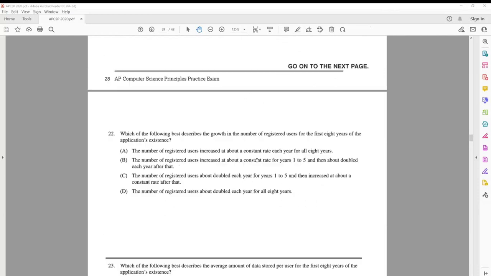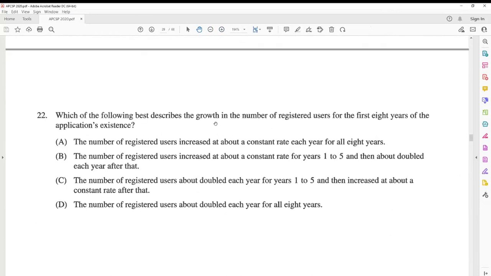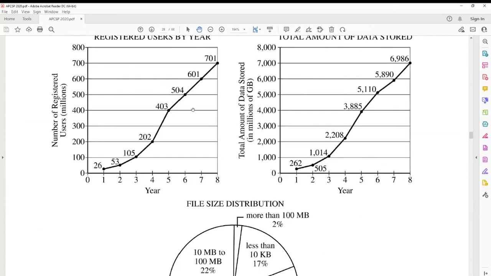Okay, so let's read the problem. Which of the following best describes the growth in number of registered users for its first 8 years of the application's existence? The first 8 years, it originally grows exponentially and then linearly. After the 5th year, it becomes linear growth.